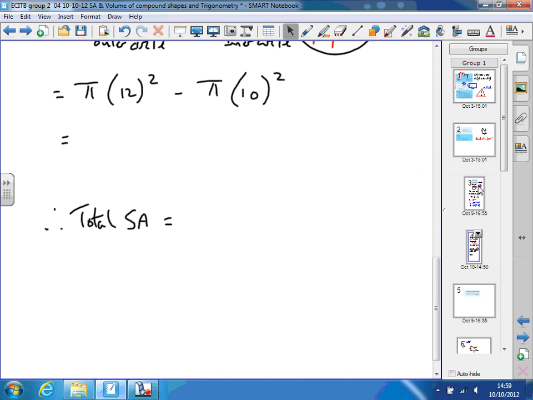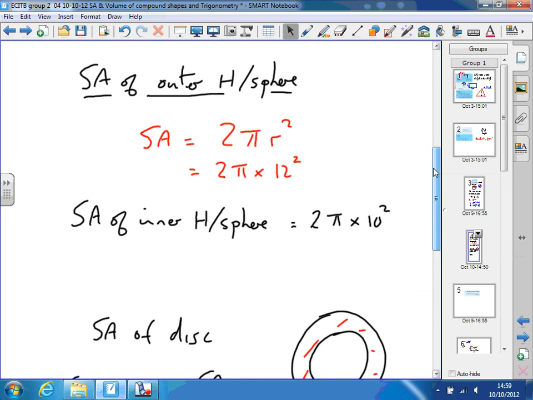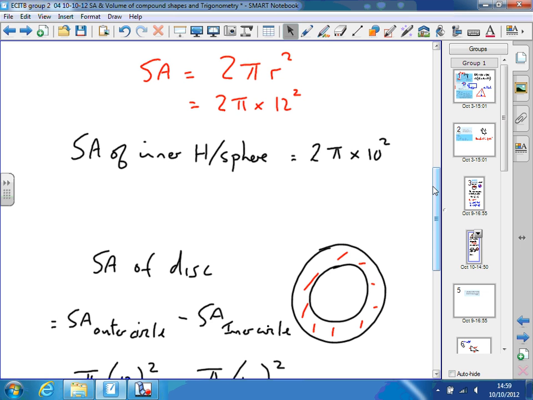Okay, so surface area of the outer hemisphere is 2 pi times 12 squared gives 904 point. Okay.